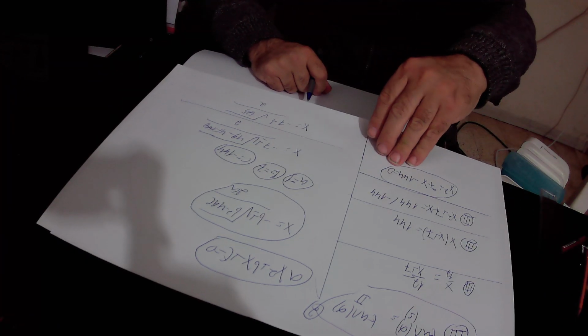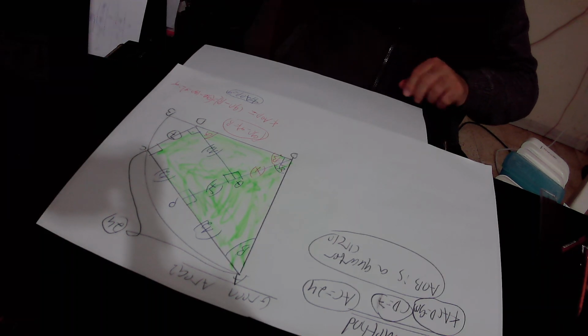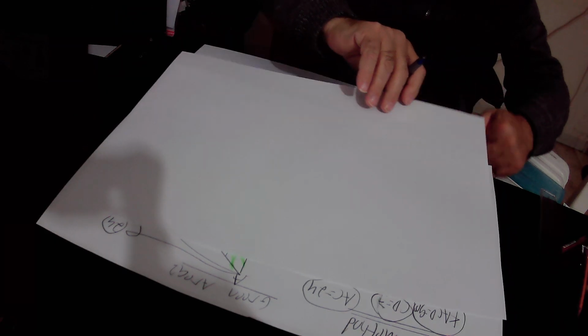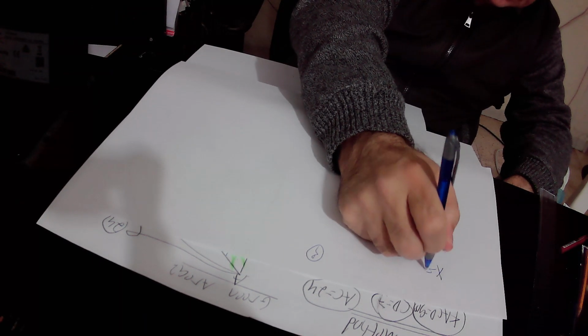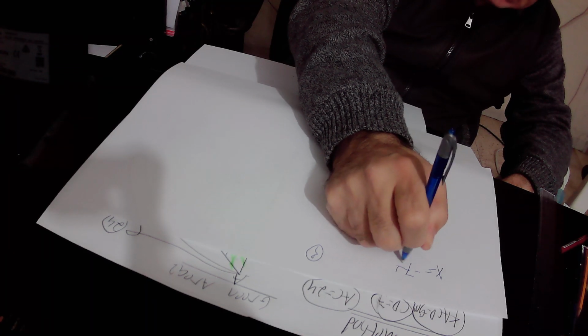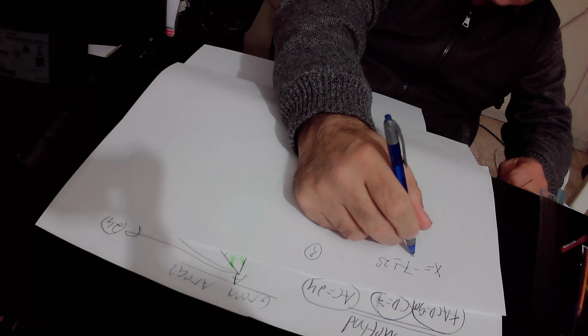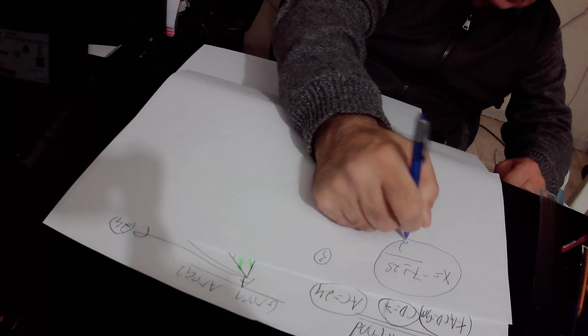So actually we get that x equals minus 7 plus minus the square root of 625, which is 25, over 2. So here we will have two possible solutions for x.